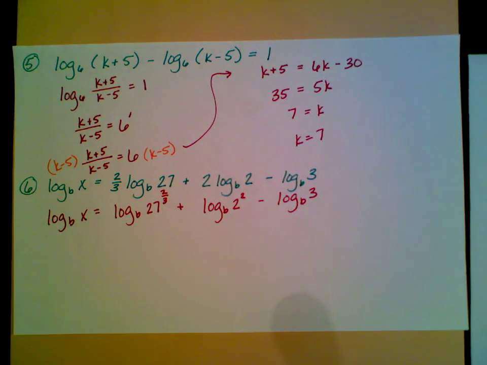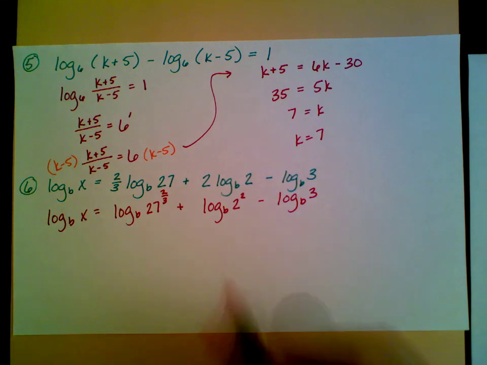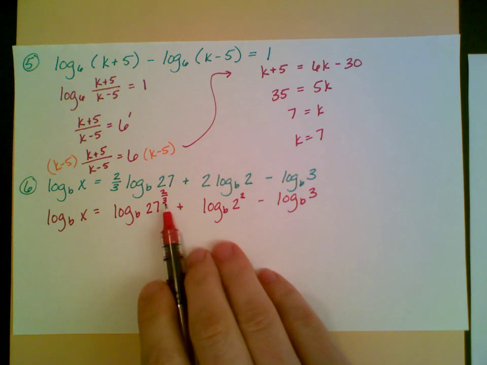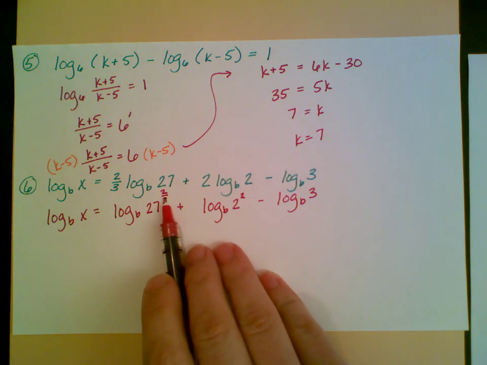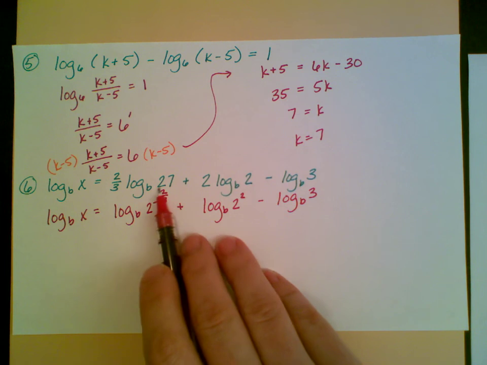So now I need to think about this 27 to the 2/3. If you have a decent scientific calculator, that should be able to calculate that for you. But remember, fractional exponents are roots. So I'm taking the cube root, since it's a 3 that's in the denominator. It tells me what root I'm taking. And then I'm going to be squaring that.